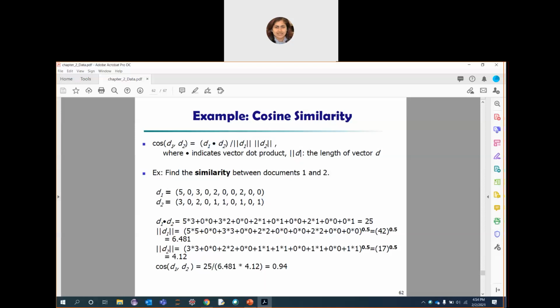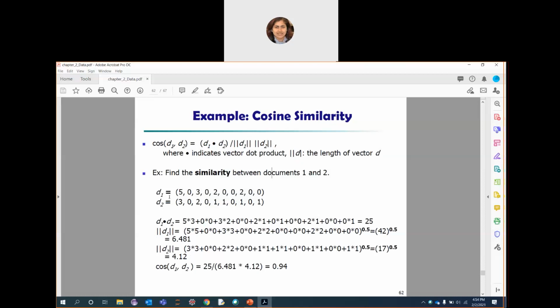How to find it? 5 into 3 plus 0 into 0, 3 into 2 plus 0 into 0. Like this, you will go on, and this is how you find the dot product of two vectors, that is, two documents. Then the formula says divide by the norm of d1, norm of d2.